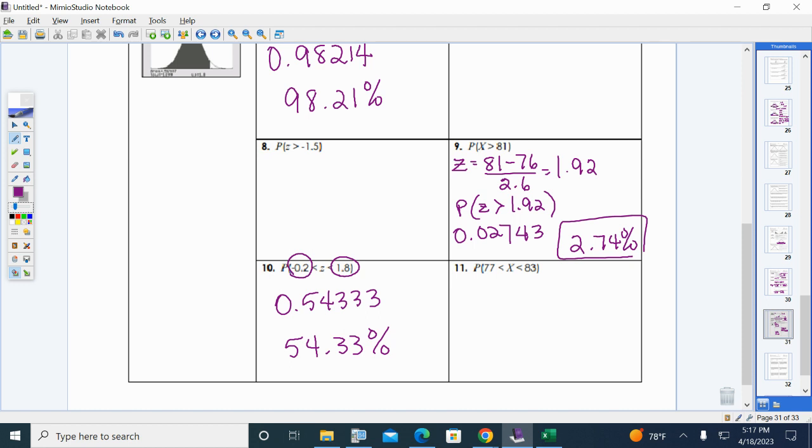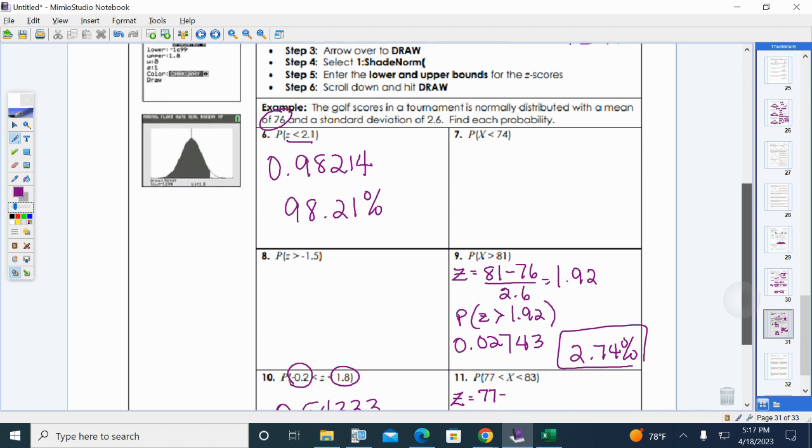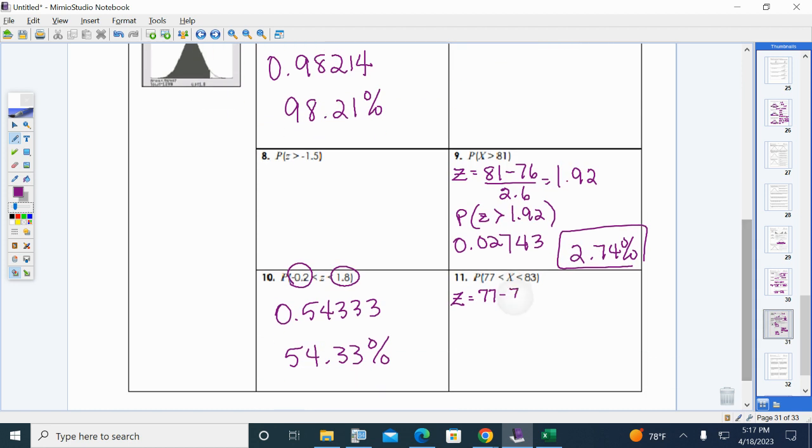The only difference between 10 and 11 is, if you'll see here, it asks me the probability that the X falls between 77 and 83. So we have to calculate the z-score for both of those numbers. To find the z-score for the 77, it's going to be 77 minus the mean, which is still 76, and the standard deviation is still 2.6.